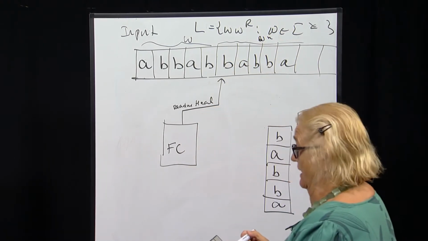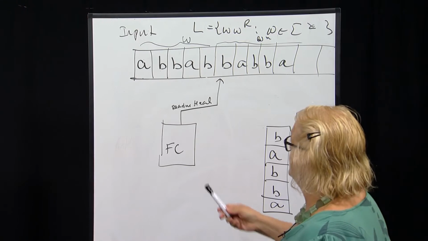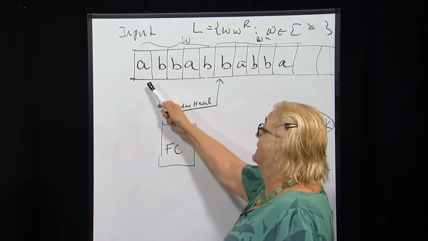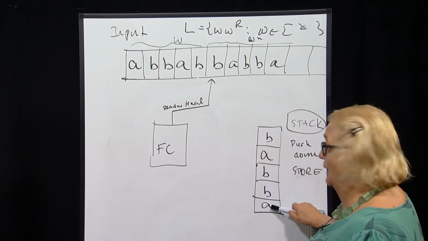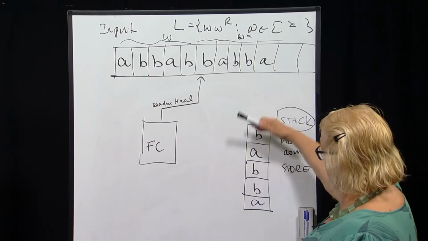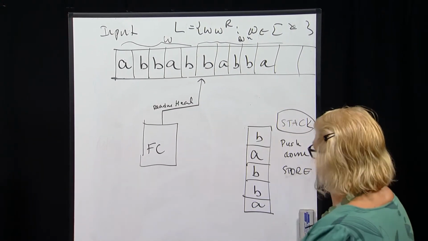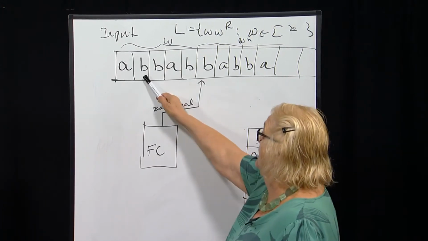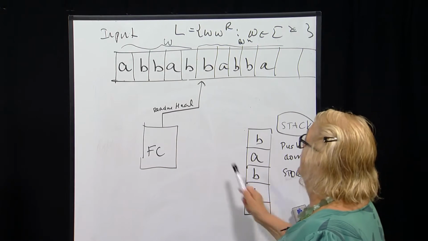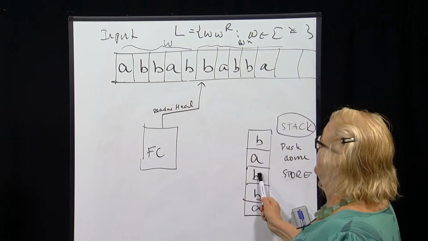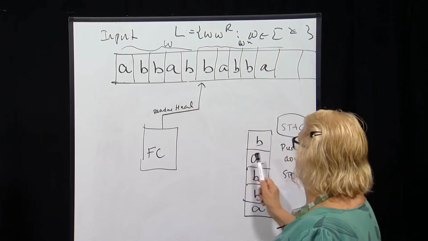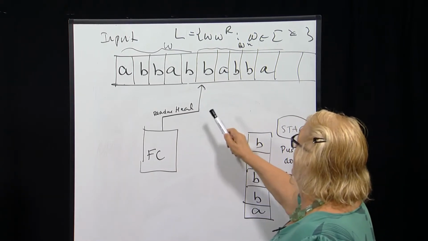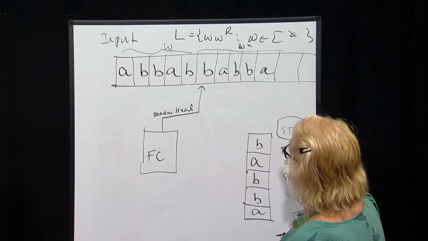So how do I proceed, if you want to construct the automata? I read A, I put A on the bottom of the stack. This is empty, this does not exist. So now I read B, I put B, I read B, I put B, I read A, I put A, I read B, and now I read B here.